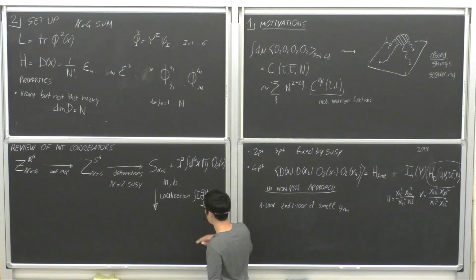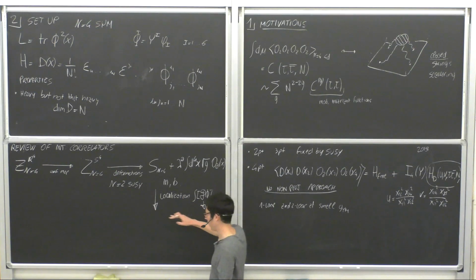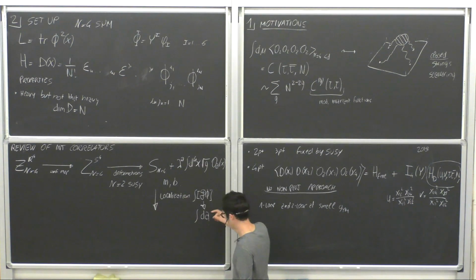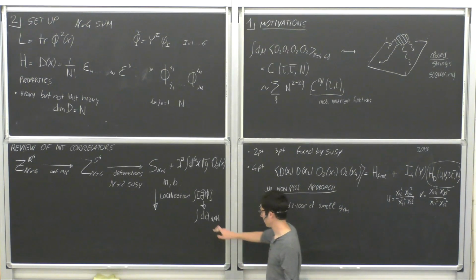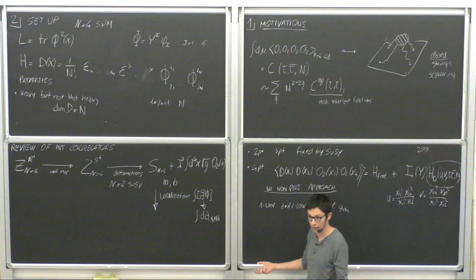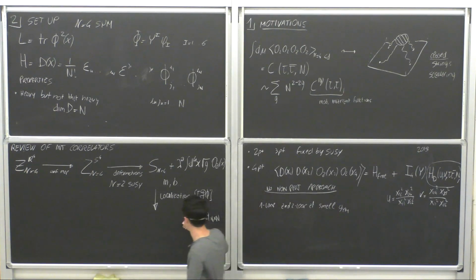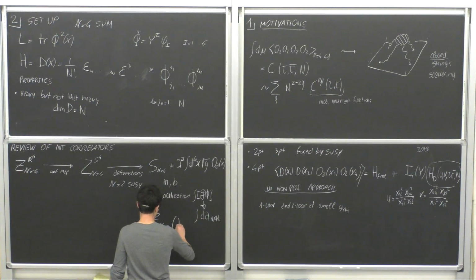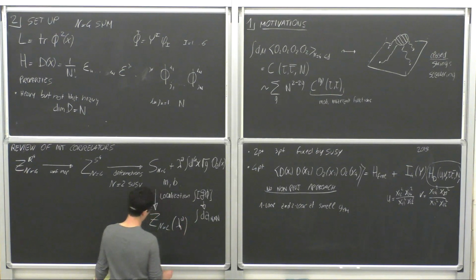It can be reduced using this localization, which at least requires N=2 supersymmetry, down to a finite dimensional integral, da. In this case, we remain with an integral over a Hermitian matrix, which is an N times N matrix, so it becomes a matrix model properly. And from this localization approach, we end up with this partition function in an N=2 theory, which then will depend on the deformation parameter lambda_a.